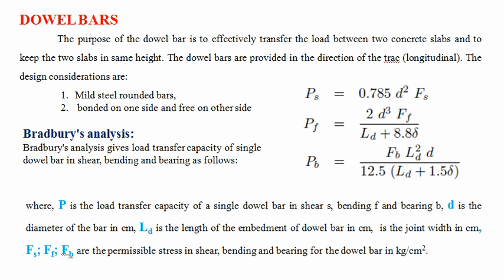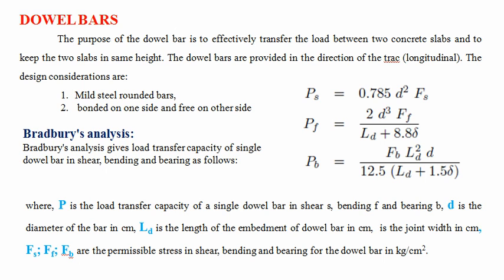Second, PF equals 2 into d cube into FF upon LD plus 8.8 into delta, and PB equals FB multiplied by LD square into d upon 12.5 into LD plus 1.5 into delta, wherein P is the load transfer capacity of a single dowel bar in shear S, bending F and bearing B.